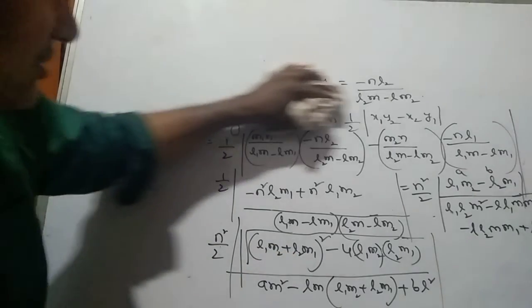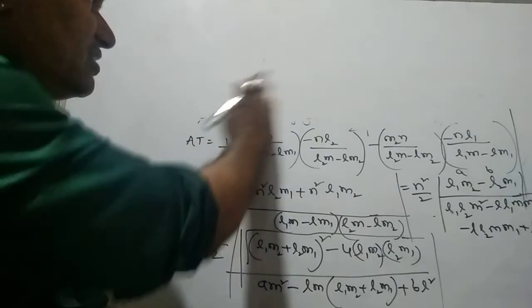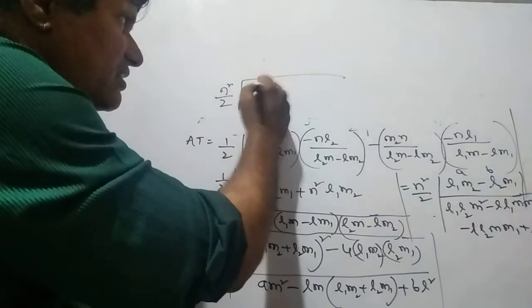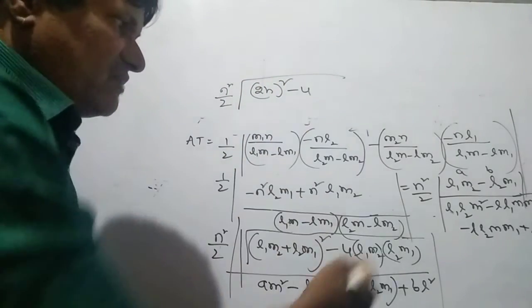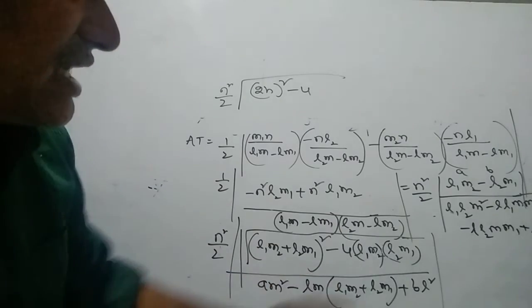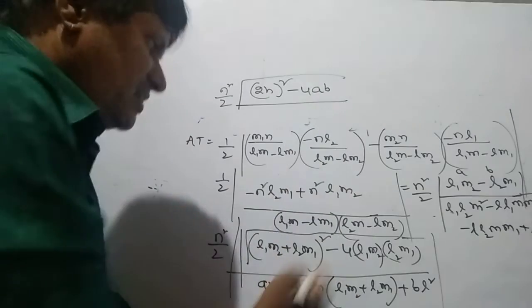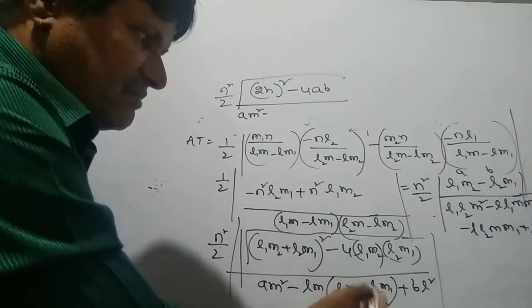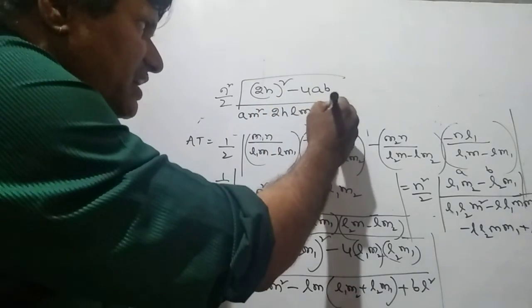So in the place of L1 M2 plus L2 M1, we should take 2H: 2H whole square minus 4AB, over AM square minus 2HLM plus BL square.